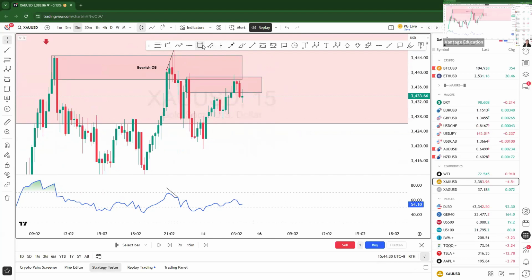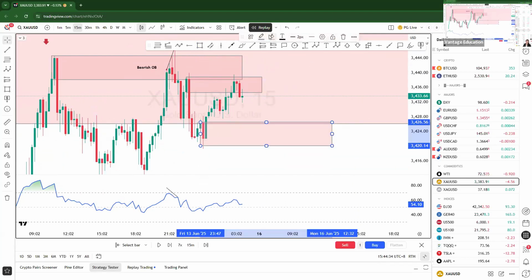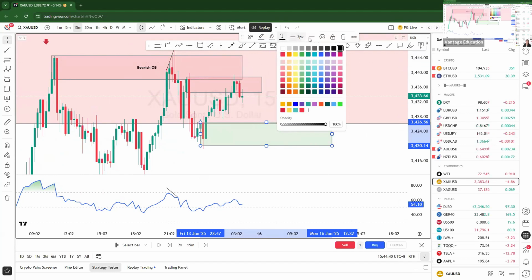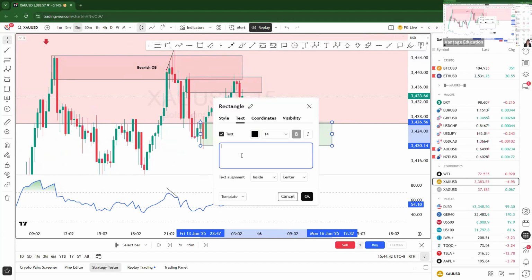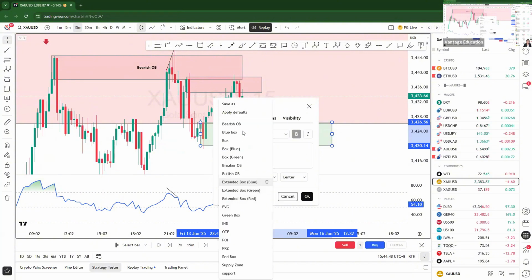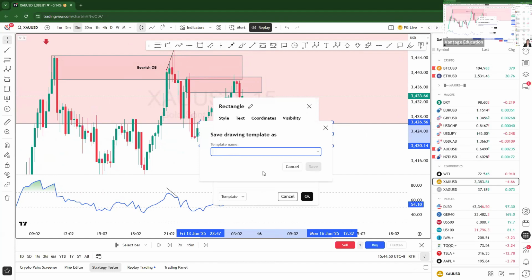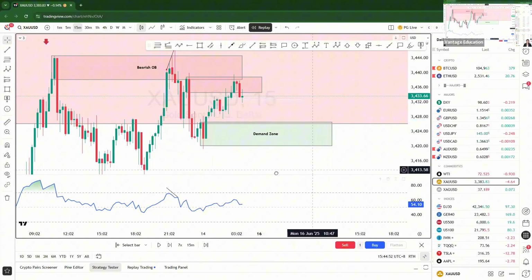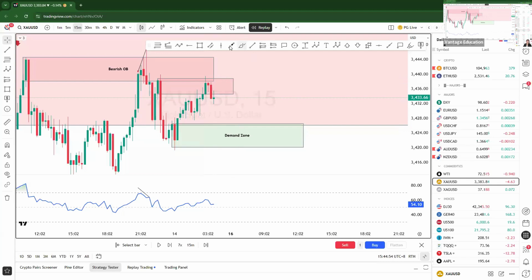Over here for scalping, this is going to be your demand zone, meaning that if I'm scalping, I sell here, and this might take profit.